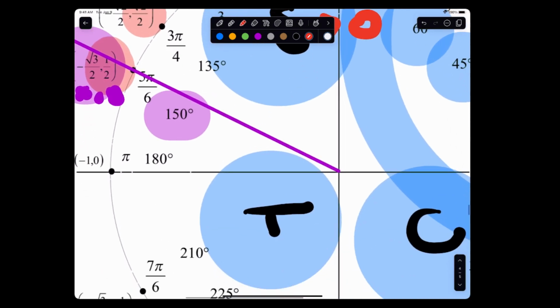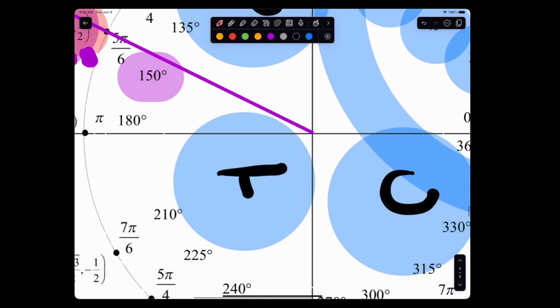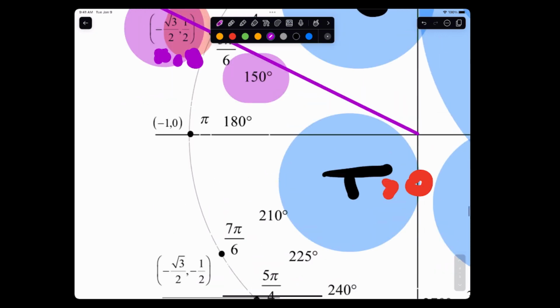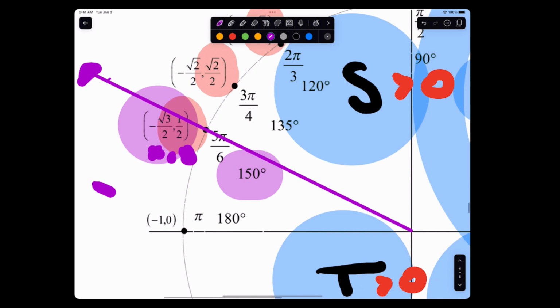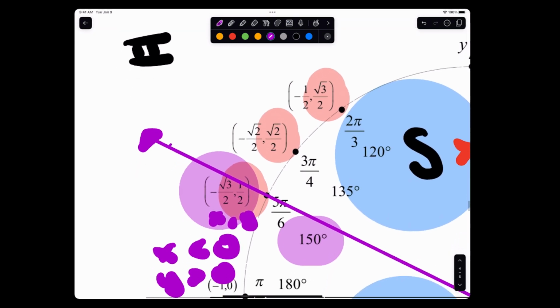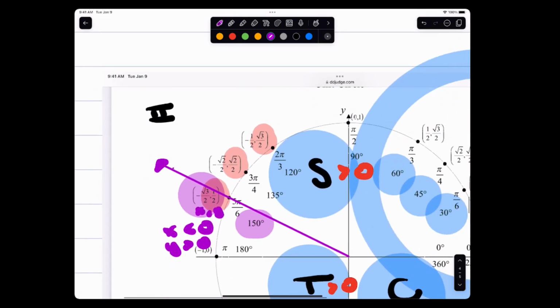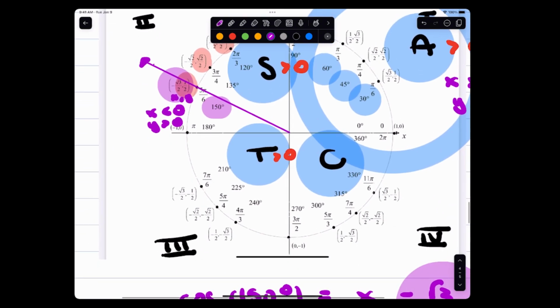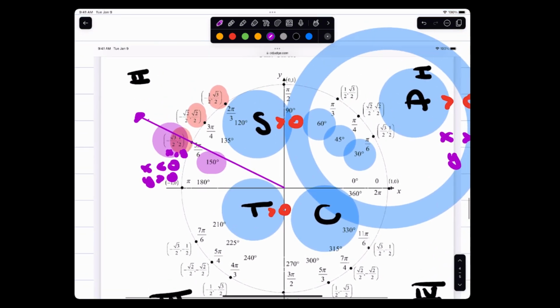What about over here? Tangent is positive. Why is tangent positive? Well, first of all, go back over here. The x coordinate is negative, but your y coordinate is positive in quadrant 2. This is why sine, which is the y coordinate, is always positive. And by the way, that means cosine's negative and tangent's negative.